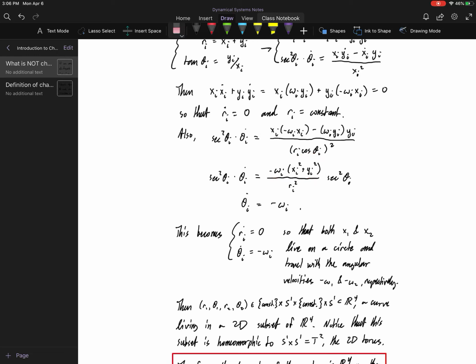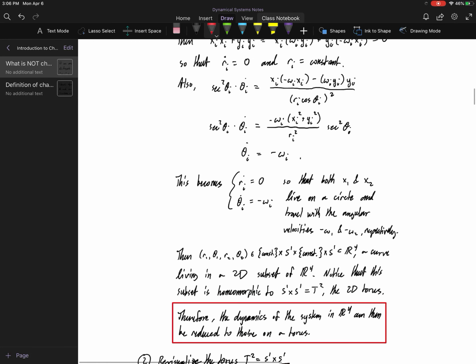And since I was dividing by a cosine theta squared, that's the same thing as a secant squared, which means that my theta dots here are actually constant. So that means that I am on a circle, right? R is constant, so I'm actually on a circle, not just an ellipse. So I'm on a circle, and I'm moving around with constant velocity.